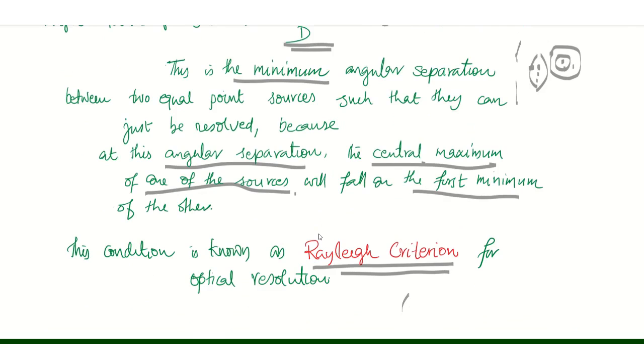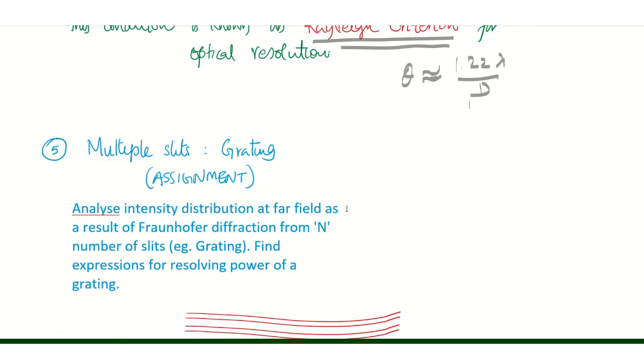We know that theta equals 1.22 lambda over d is the Rayleigh criterion for optical resolution.